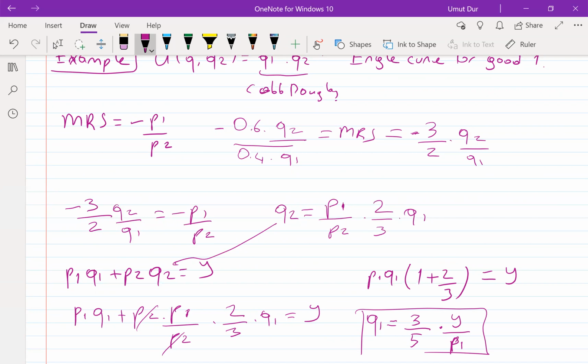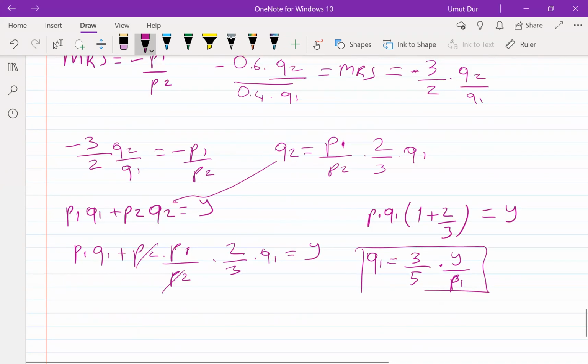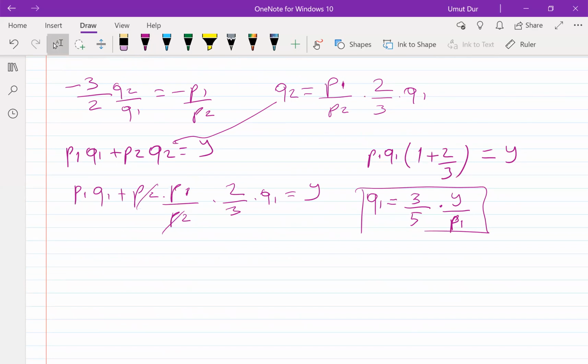The only difference from the demand curve is this: I want to draw the Engel curve, which is the relation between income and quantity 1. Here P1 is constant, and I am drawing a linear curve.